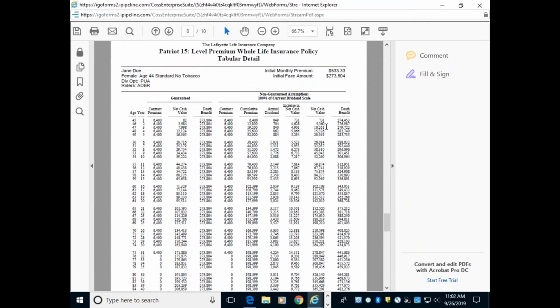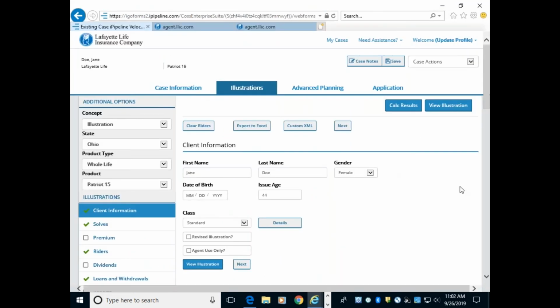You can monitor your client's cash value by just following the net cash value column on the non-guaranteed side. Or you can always go to your client's book of business and access their policy information report to see their current cash value and loan availability. So for now, I'm going to just minimize that particular illustration.